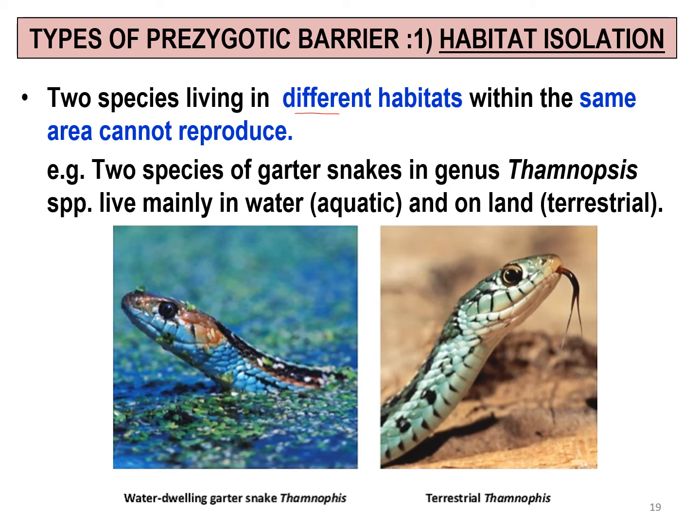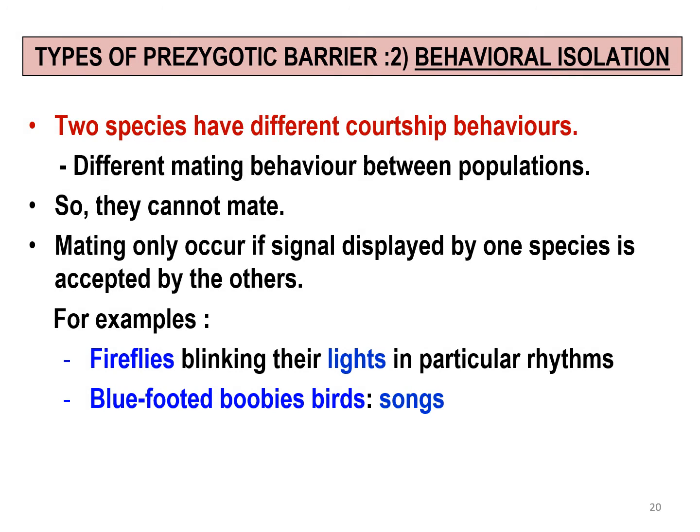Two species living in different habitats, they cannot reproduce because they cannot see each other. Ni different gutter snakes, species of gutter snakes live mainly in water and on land. Jadi they cannot interbreed.